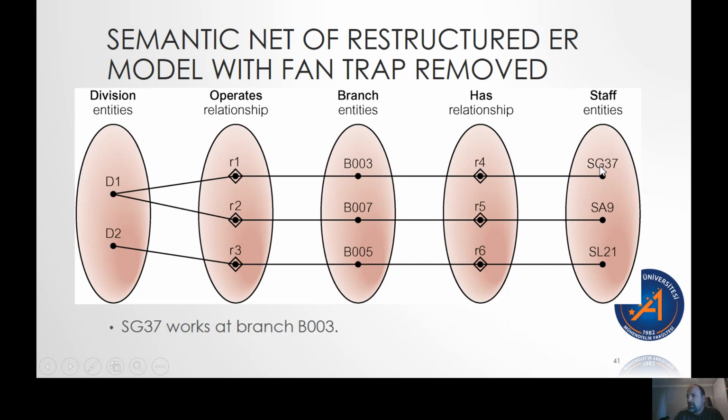So now if we want to know what branch does SG37 work at, we know that. But we still know what division SG37 is in. Why? Because we can look through the branch to get there. Okay, so we haven't lost any information, right?